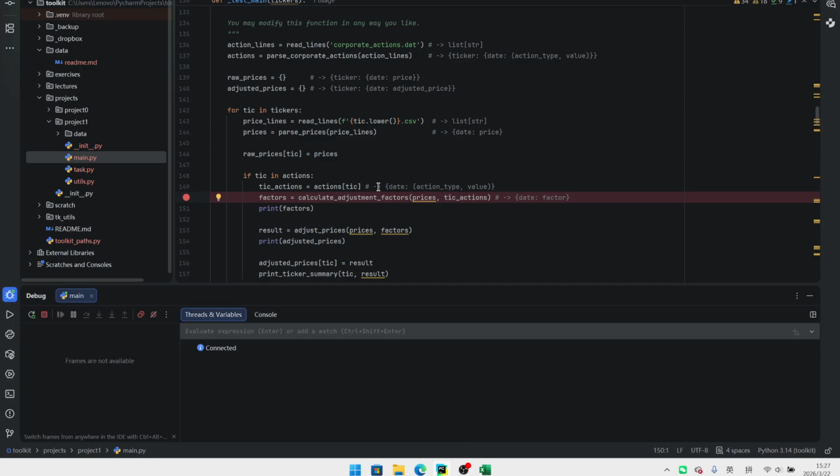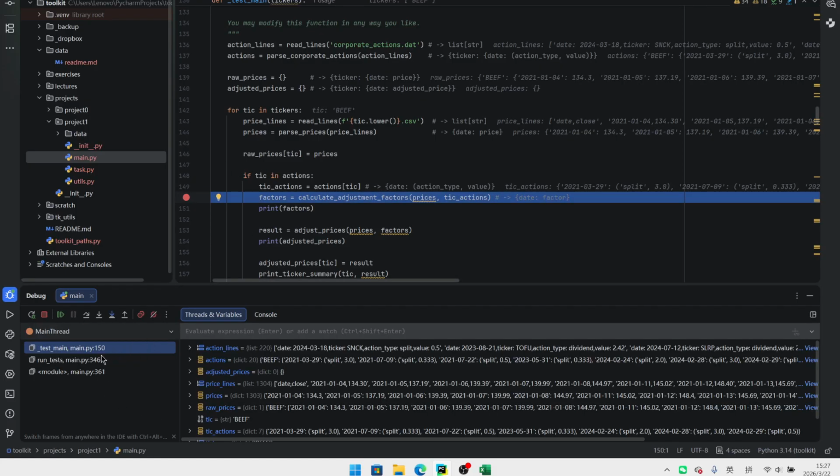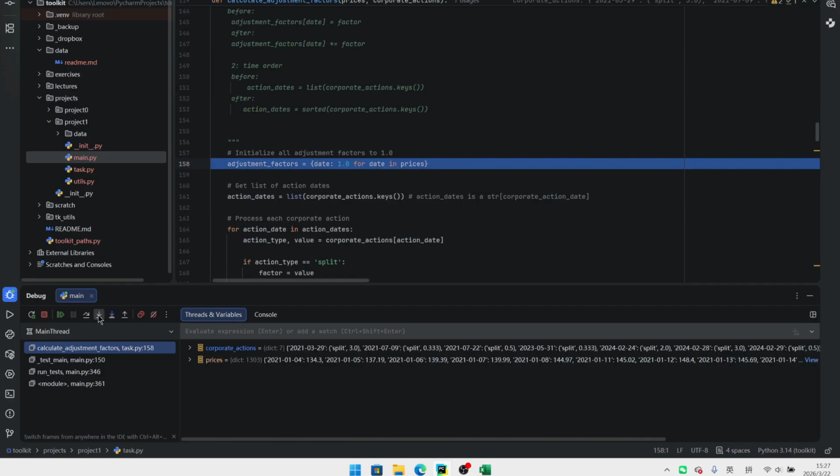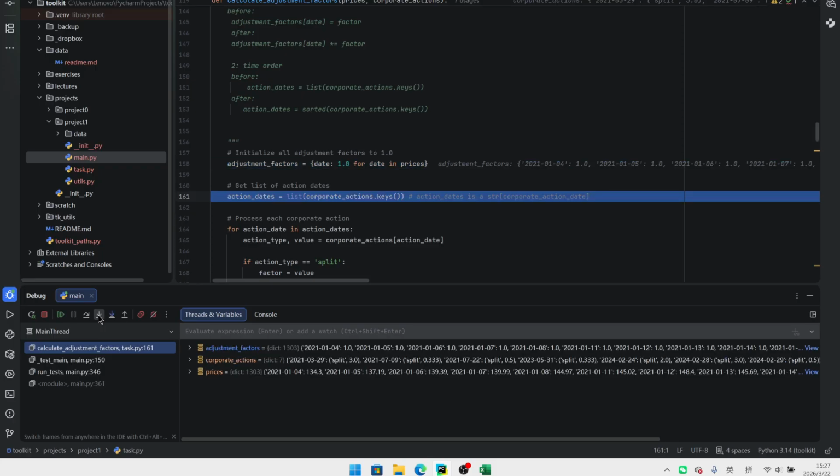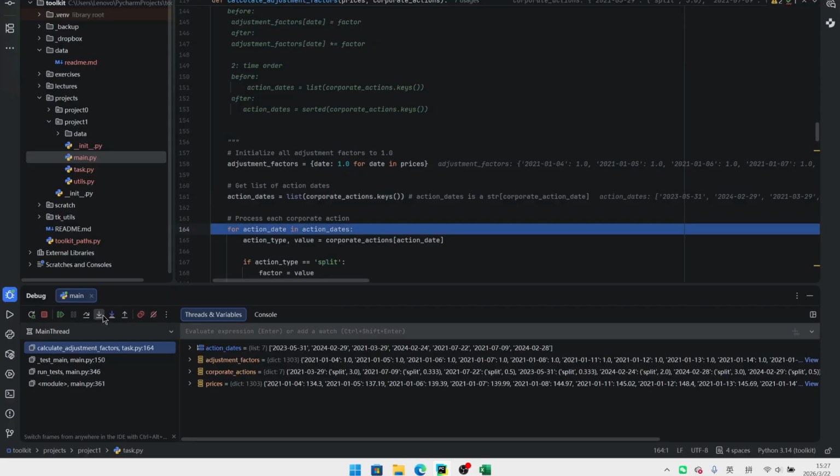So wait a minute. So let's go next. Go back to the task to apply. Adjustment factor equals date 1 for date in price. Yes, it's correct. Next, action date is this.